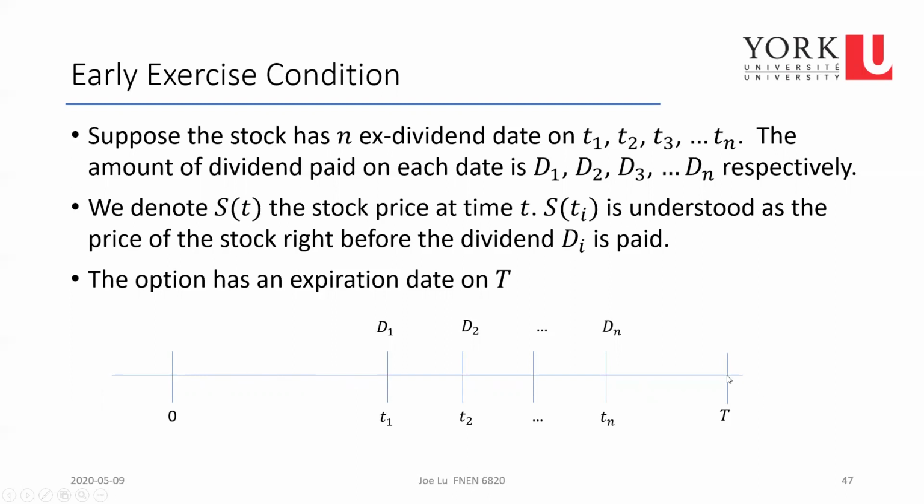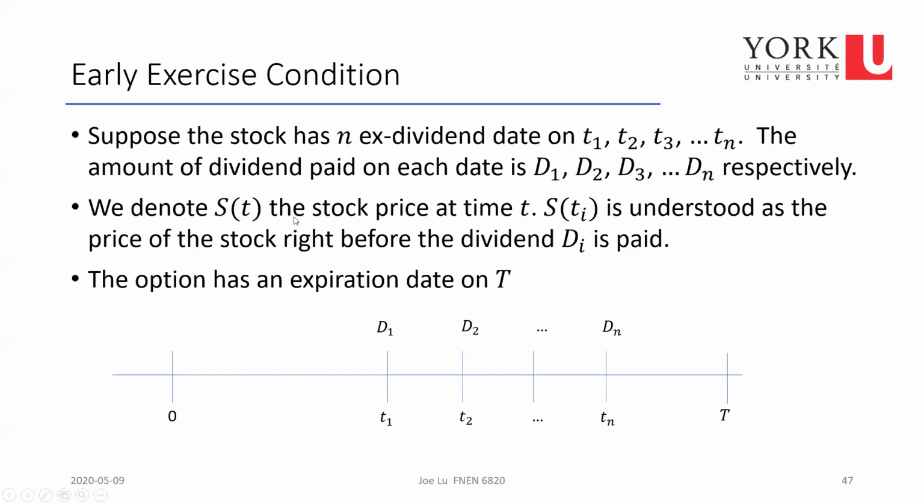The maturity date of the option is T. In between, there are n dividends that can be paid out by the stock, at dates T1 to Tn, and on each date the amount of dividend payment is D1, D2, and so on, all the way to Dn.